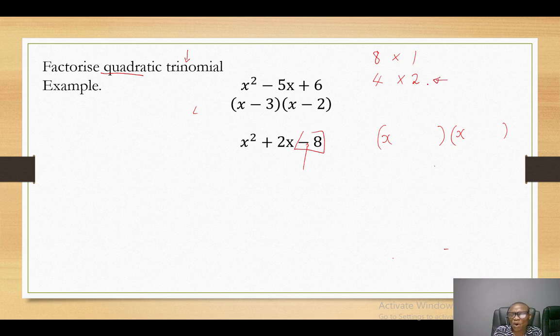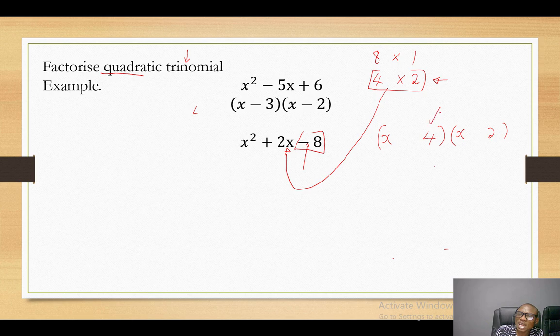Why? Because 4 and 2, if they are worked very well together, have potential of getting this 2 in the middle term. 8 and 1 can give you 9 and 7, so you will fail to get 2 if you use 8 and 1. So let's go for 4 and 2.